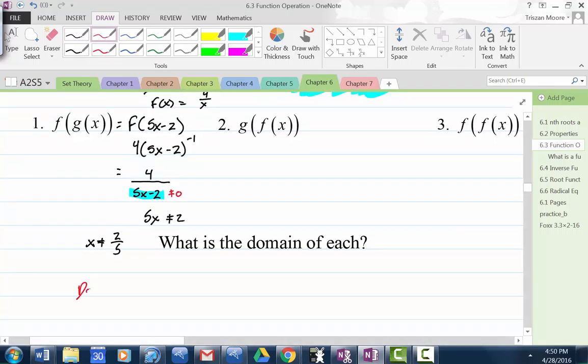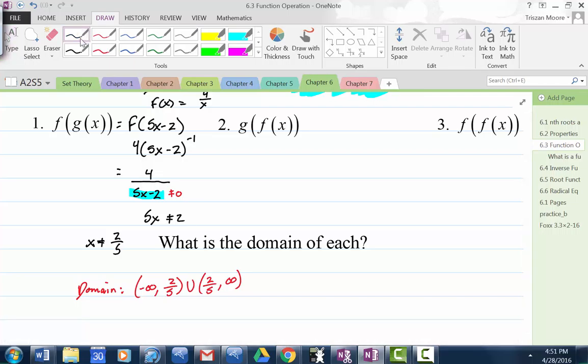Basically, our domain is going to be from negative infinity to 2/5 union with 2/5 to infinity. So pretty much every number except 2/5 is included in that, right? That's pretty much f of g of x.